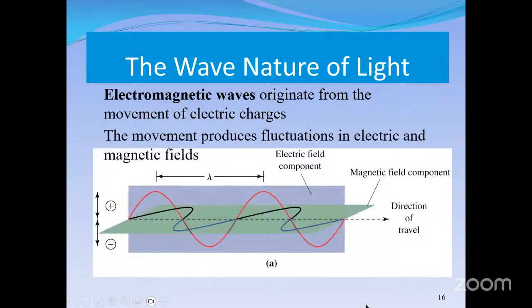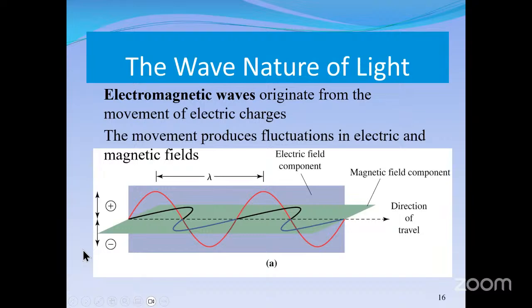So this is a diagram showing you what is happening when you have light or any form of electromagnetic radiation moving in a certain direction. So this is basically showing you the direction of travel. And as the term says, electromagnetic involves electric fields and magnetic fields that are perpendicular to each other.